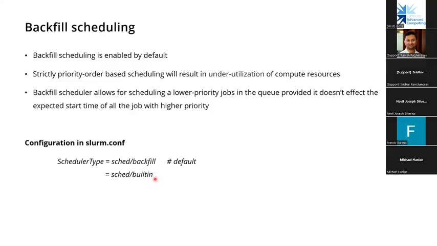If a lower priority job can fit in the job schedule without affecting any of the jobs that are higher priority, say a job ranked 10 can run now without affecting the predicted start times of other jobs. We can't actually predict it exactly because job times always change and there are always new jobs coming in, but based on the start time predicted by the scheduler, it can fill in this job and start running.